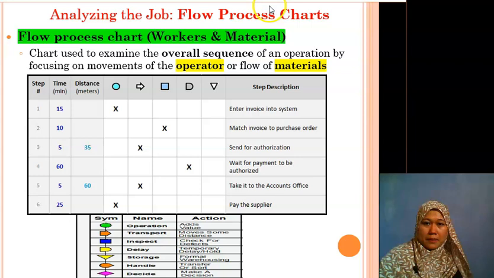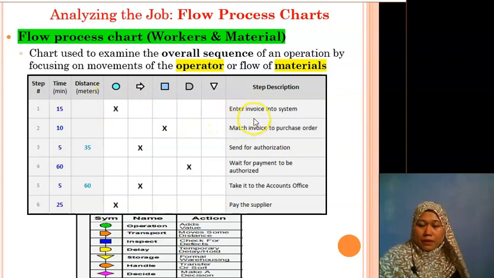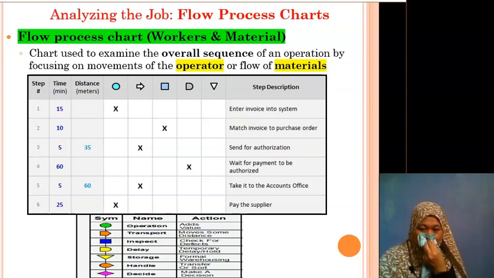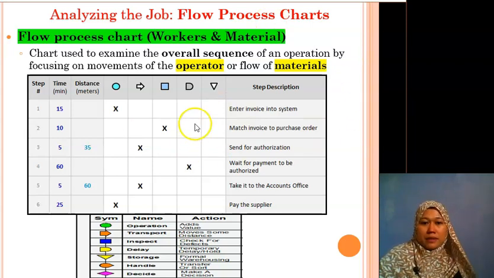These are the examples. The flow process chart uses symbols to tell you the story, the whole process. For example, we look at this. It tells us about the process of getting payment to a supplier.